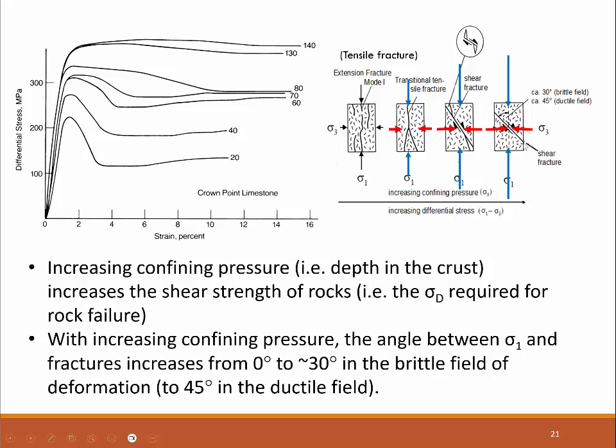And such fractures in the brittle field are typically around 30 degrees with respect to sigma 1. In the ductile field, this angle increases to 45 degrees with respect to sigma 1.